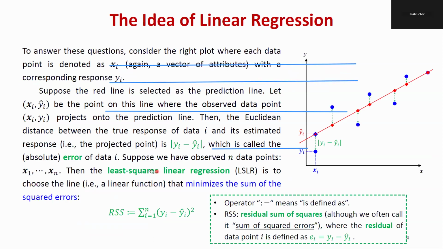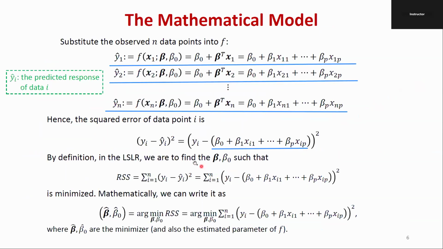Here LSLR means least squares linear function, which means I want the sum of squares to be the least, the minimum. We want to find the beta vector and the beta zero such that this RSS is minimized.